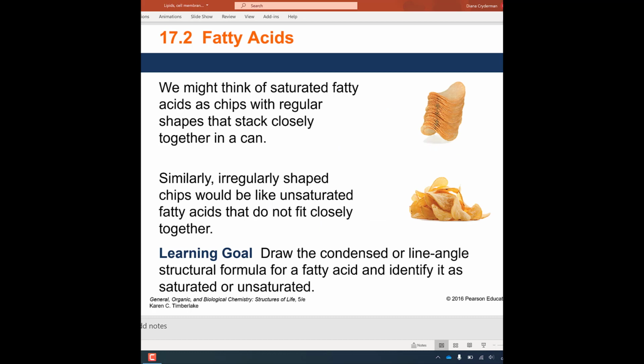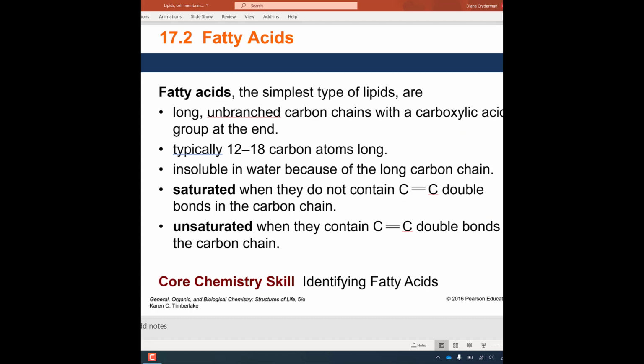Okay, let's start with these fatty acids and talk more about them. A fatty acid really is a carbon chain of different lengths with a carboxylic acid on it. It's a long unbranched carbon chain, typically 12 to 18 carbons long, and it can be either saturated or unsaturated. If you recall, saturated means that it's all carbon-carbon single bonds, and every place that could have a hydrogen does.